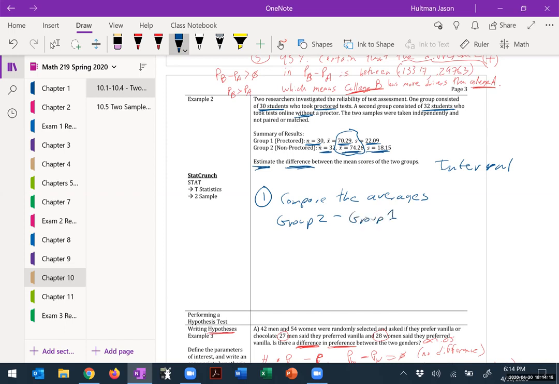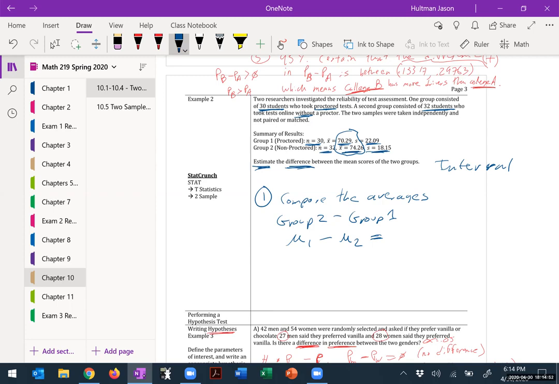It's easier for me to think of group 2 minus group 1 because that will leave me with a positive result. We're comparing the averages, mu1 minus mu2, and I want to see: are they equal, or is there a difference?